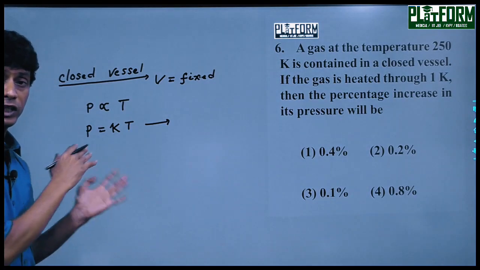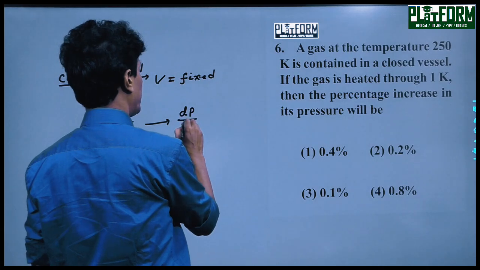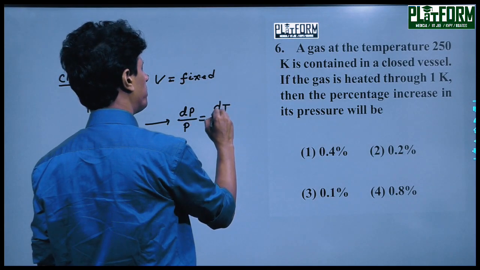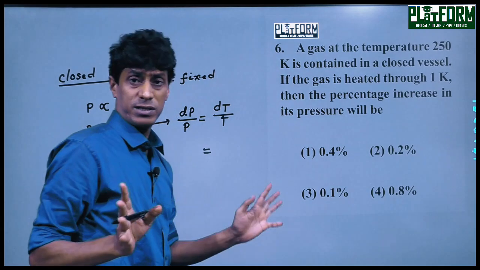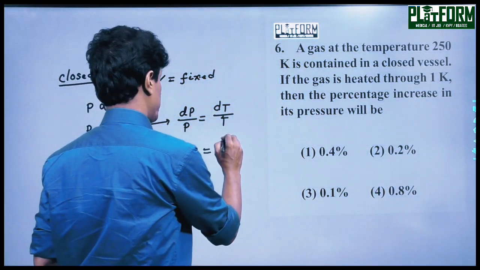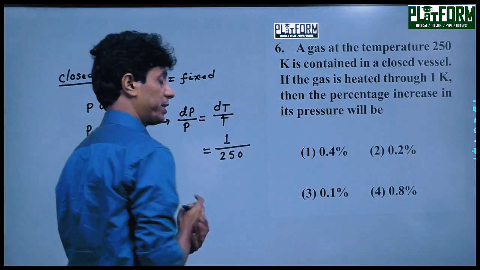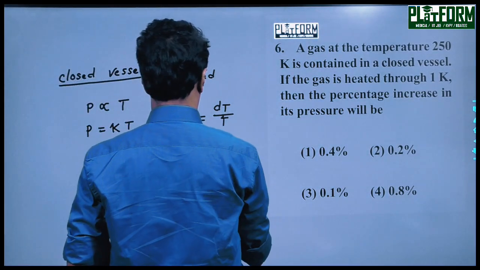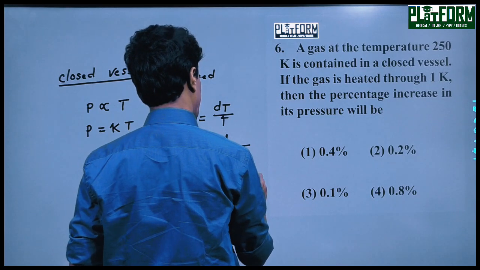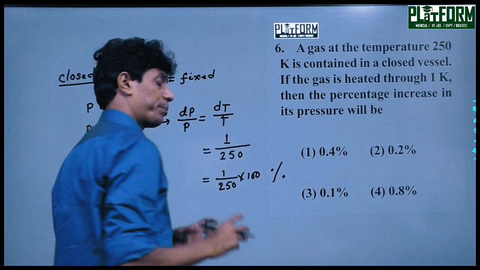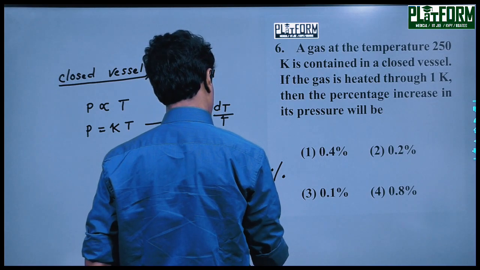If we take the log and differential form on both sides of the equation, we get dP by P is equal to dT by T. Very simple question. The temperature change here is 1 K and the actual temperature of the gas is 250. So 1 by 250 into 100 is the percentage change in pressure, and this value becomes 0.4%.